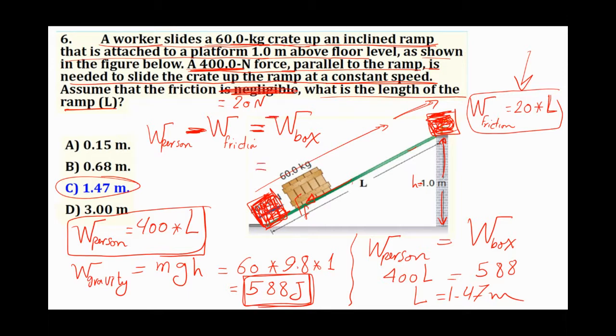So the work by the person, 400L, minus the work by the friction, 20L, gives you the work delivered to the box, which is the 588, and you can calculate L in this case. Okay? Okay, guys? You understand it? If we have friction or if we don't have friction? Okay, good.